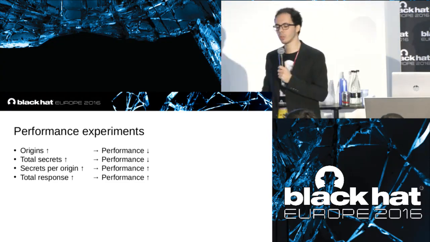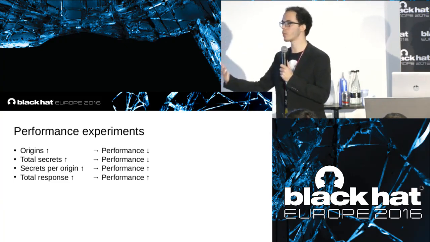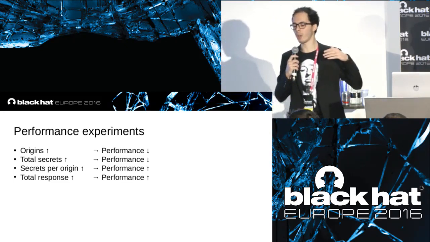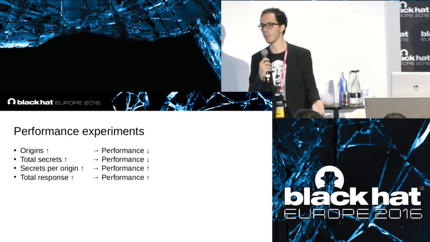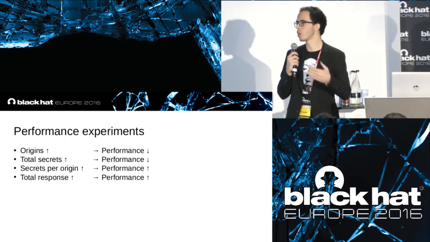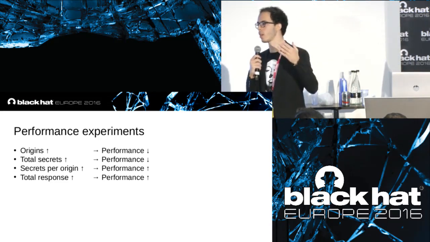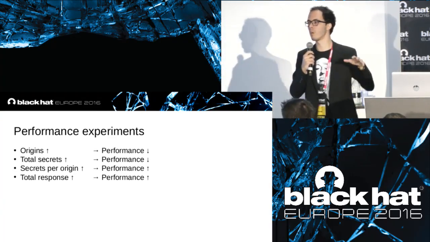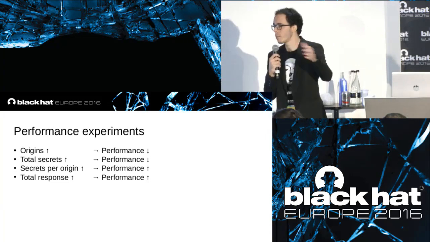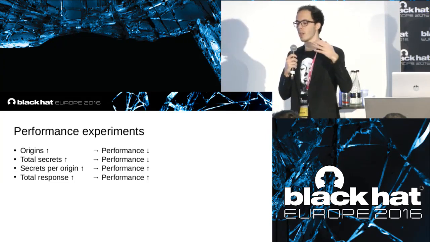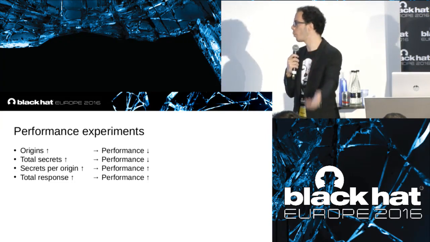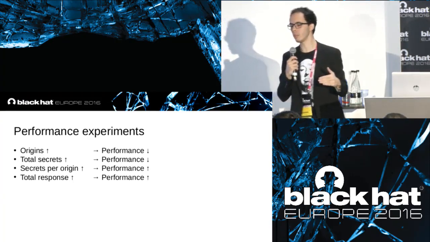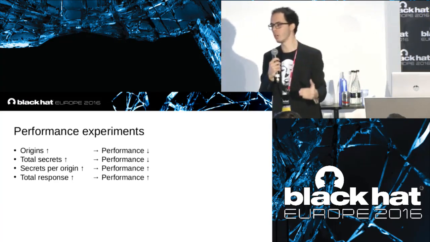What we have found is that the more origins you use, the worse the performance of CTX will be. That makes sense because if you use more origins, then secrets will be divided into more parts, so compression will be disabled for those parts, the compression rate will go down, and performance will also go down.